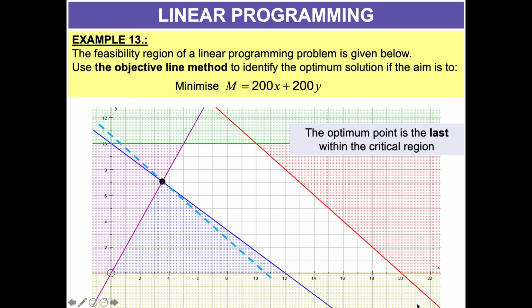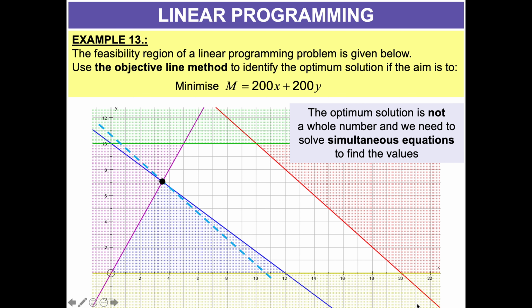However, in this case, I cannot find the precise coordinates of this point, because the coordinates are not whole numbers. So we need to solve the simultaneous equations as we have done in one of the examples at the beginning of the lesson.